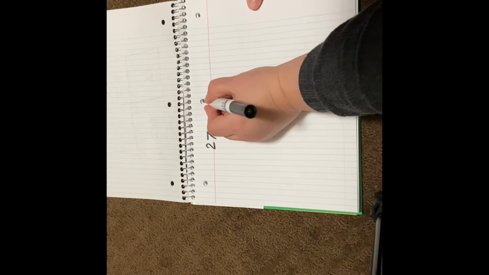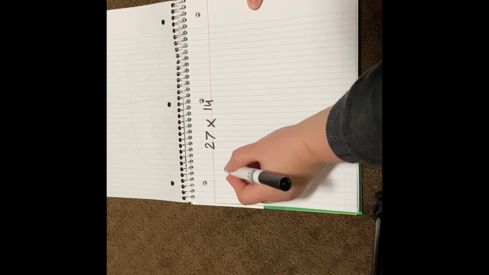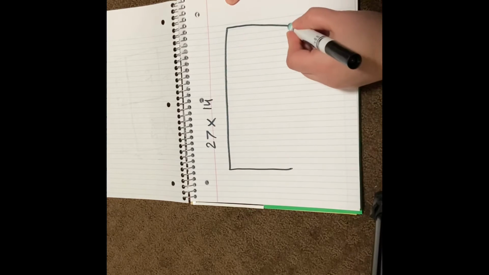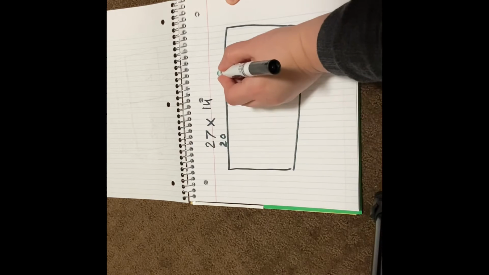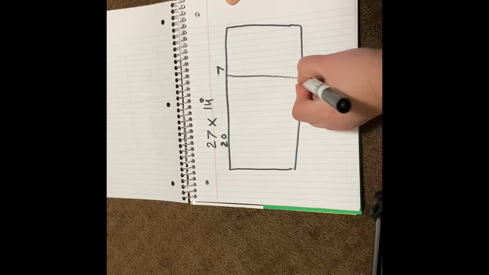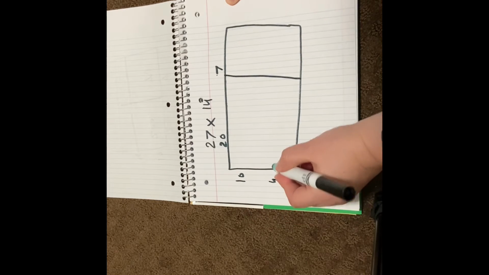Now multiply factor 27 by factor 14 using pictorial representation and the array model. So I'm going to draw this rectangle. So here is 20 plus 7, and 14 is 10 plus 4.